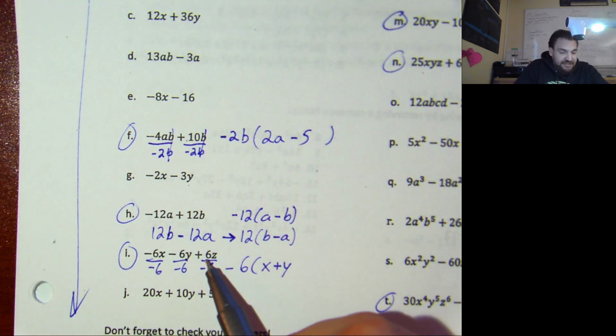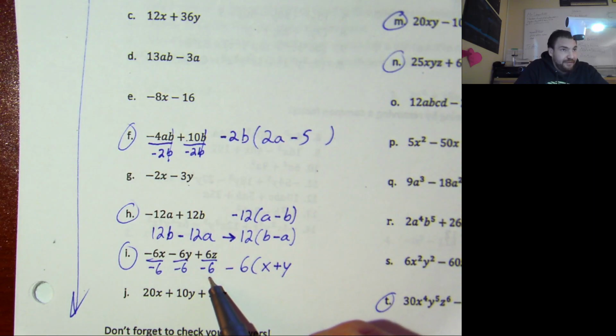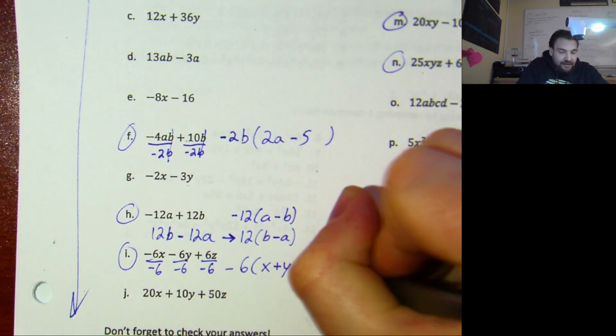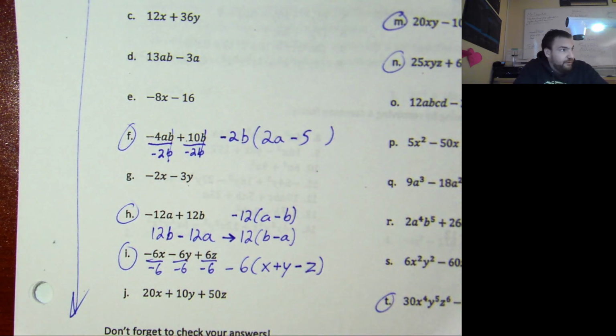And then positive 6 divided by negative 6 is negative 1, which is going to become negative z when I multiply that z in there. You've got to be really deliberate about what it means to factor out these GCFs.